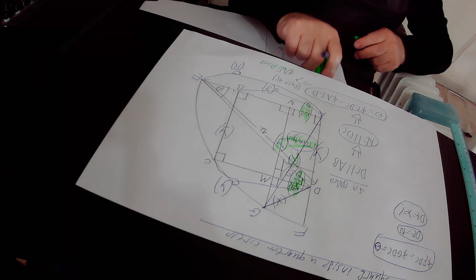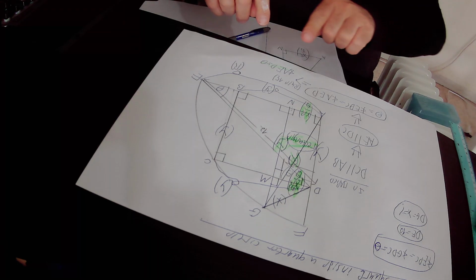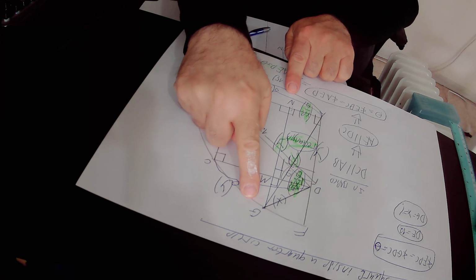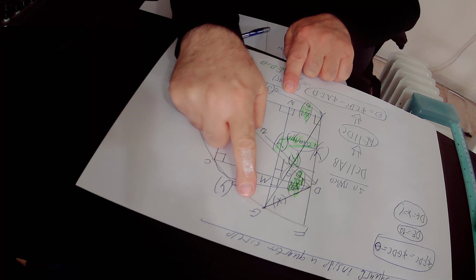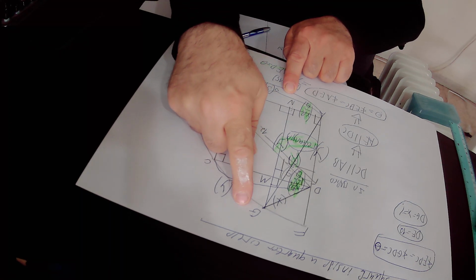So what is the length of line segment GN? From the drawing, it is very easy to see that GN in total equals GM plus MN.